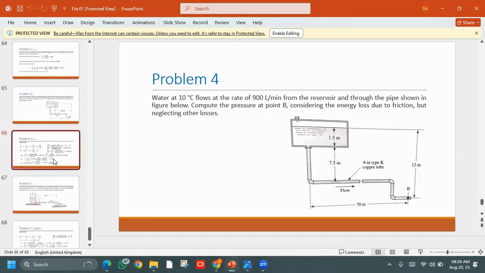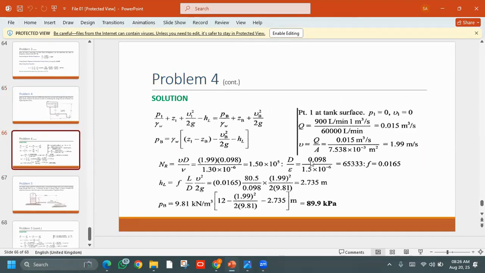So we have diameter 0.0998 from appendix H, and the area we have used is this from the table. So the value of D over E can be calculated, and the value of the Reynolds number can be calculated by putting in the kinematic viscosity.